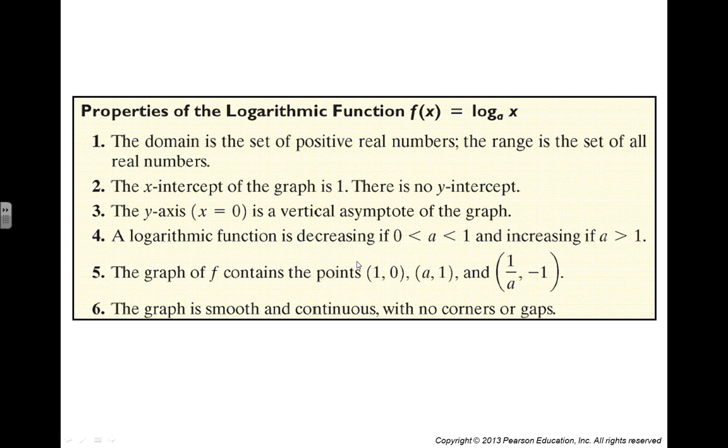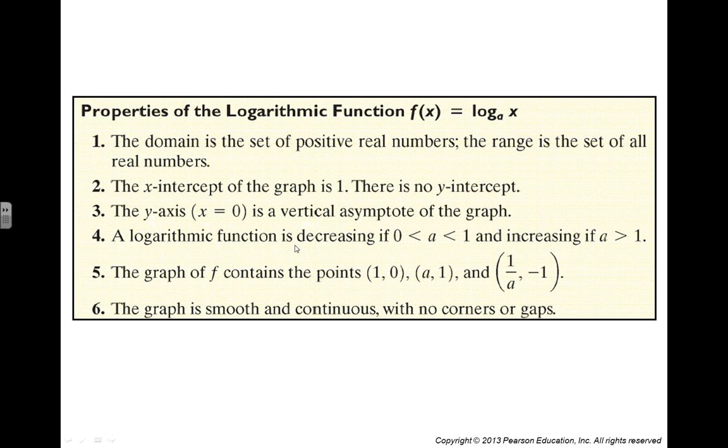All right, properties of the logarithm function. The domain is the set of positive real numbers. The range is all real numbers. The x-intercept of the graph is 1, and there is no y-intercept. The y-axis, x equals 0, is a vertical asymptote. Because remember, for the exponential function, the line y equals 0 is a horizontal asymptote, so that makes the y-axis a vertical asymptote.